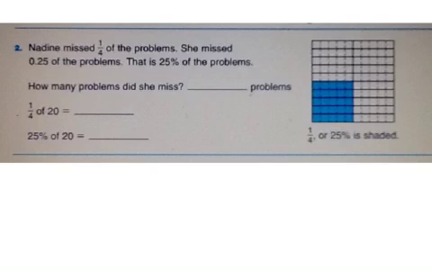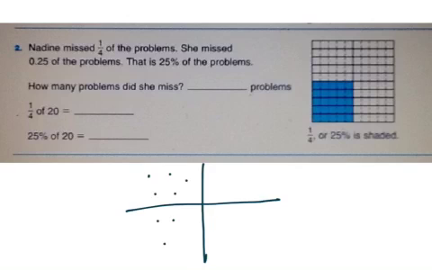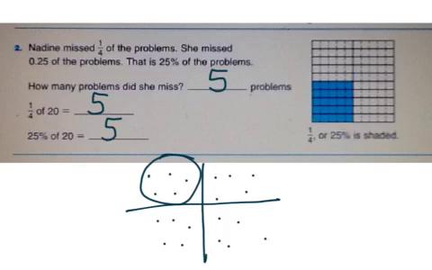If we broke 20 into 4 groups, there would be 1, 2, 3, 4, 5 in each group. So if she missed a quarter of 20, she's going to miss 5 problems. So a quarter of 20, or 1/4 of 20, is 5, and 25% of 20 is 5.